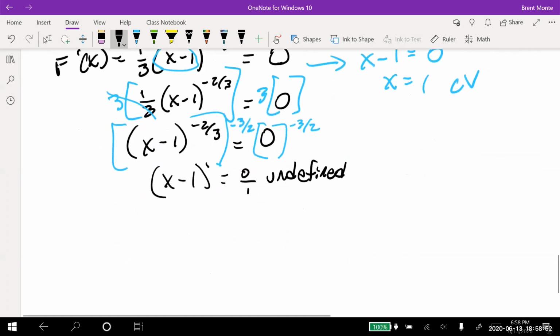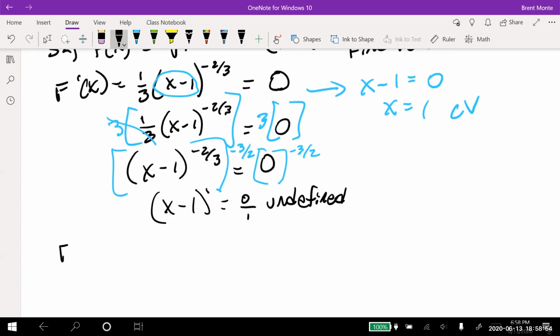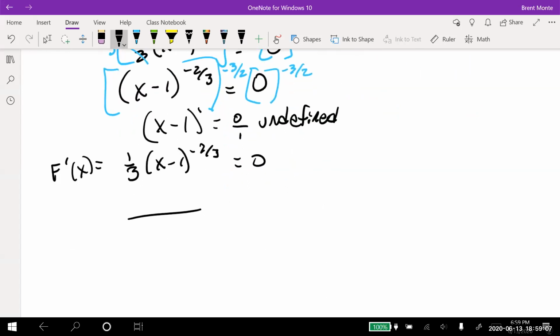But literally, let me show you what happened. When I've got this f prime of x equals 1/3 x minus 1 to the negative 2/3, we would rewrite that this way. It's a fraction, 1 is on top. On the bottom, I get 3 times the cubed root of x minus 1 squared.